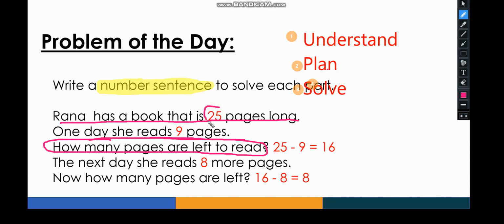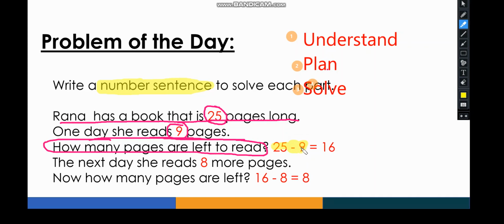The total number of the book, 25. And I want to know what? She read 9. How many still or left? Yes, I will subtract. So 25 minus 9. How can I get this one?